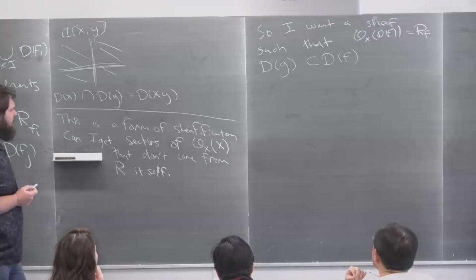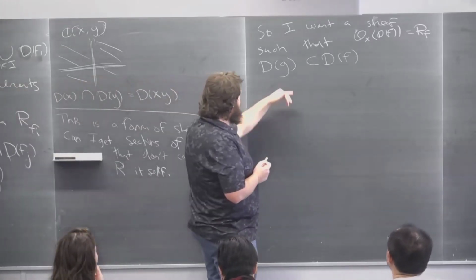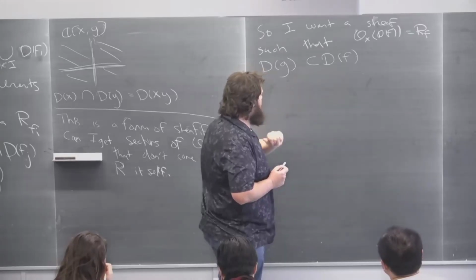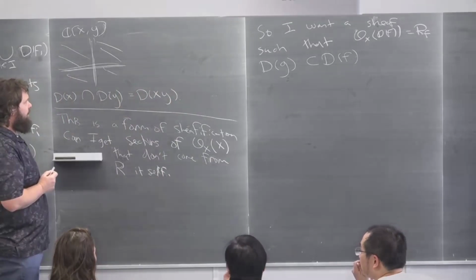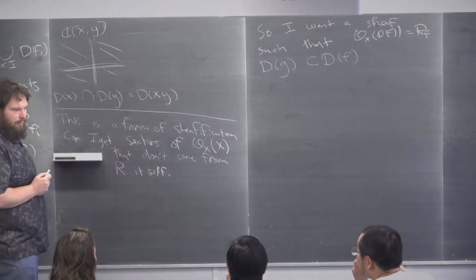Right, so in this case, G is 0 everywhere that F is 0, but maybe it's 0 at more places.